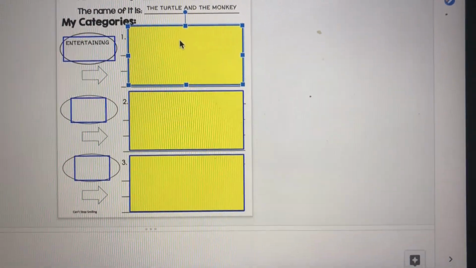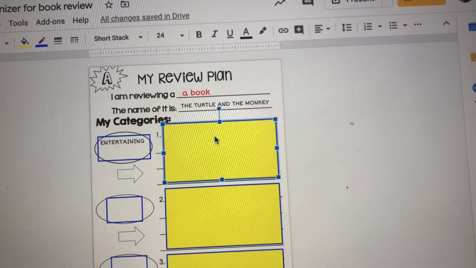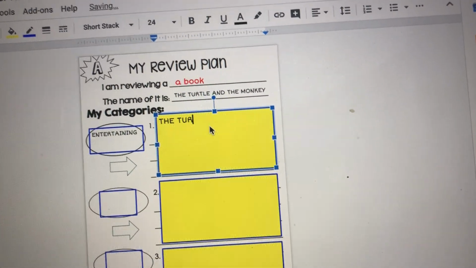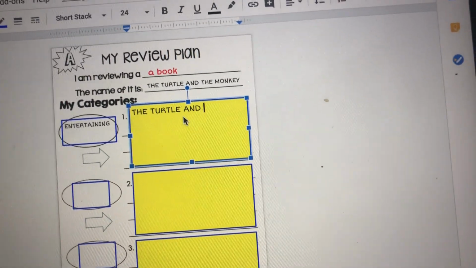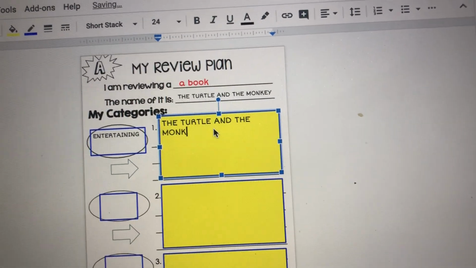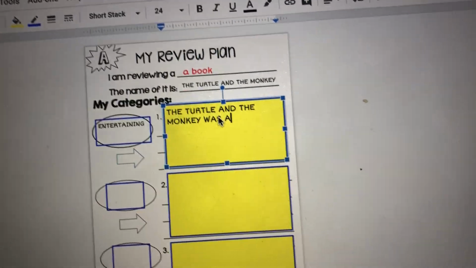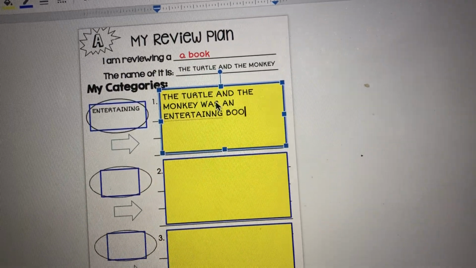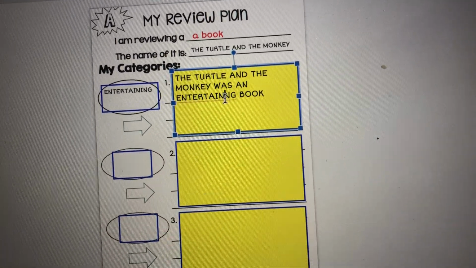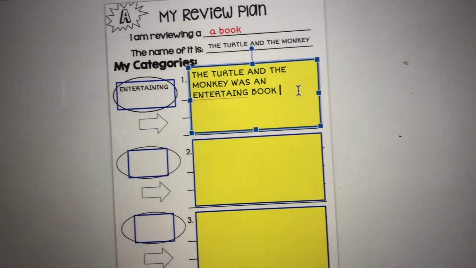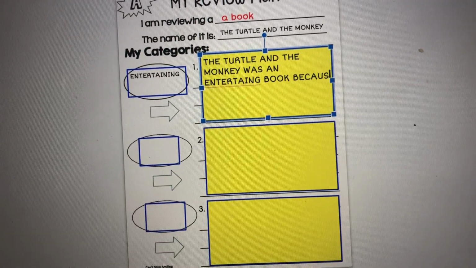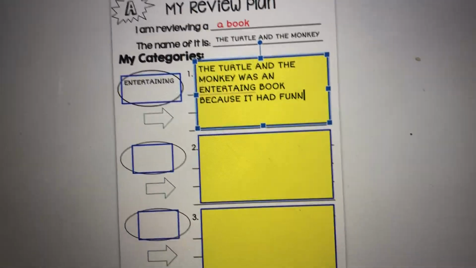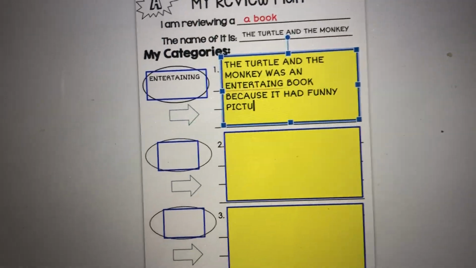And then I'm going to click in the box and give an example. I'm going to talk a little about how it was entertaining. So I'm going to say, The Turtle and the Monkey was an entertaining book because it had funny pictures.